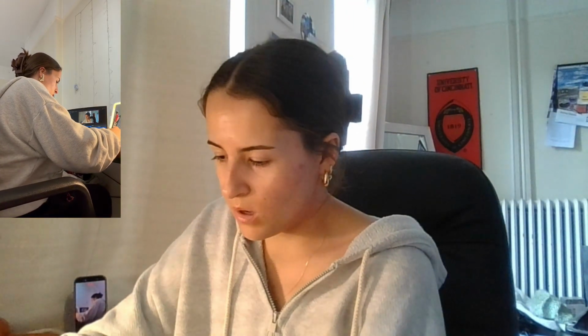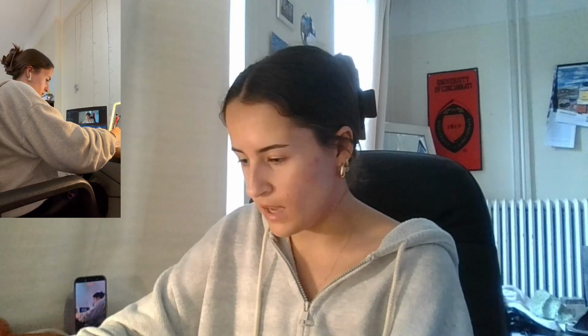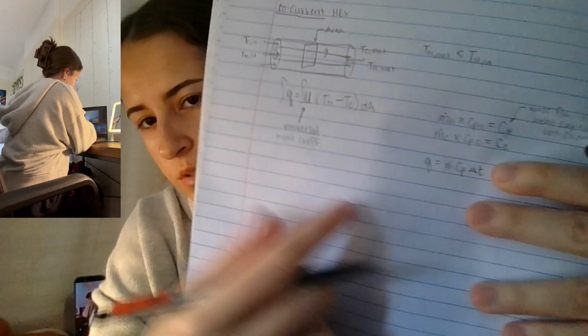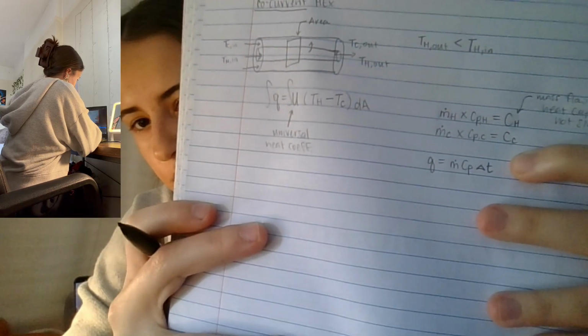And then we can recall the equation from general chemistry where we said that heat, or Q, is equal to the mass flow rate times heat capacity times a change in temperature. This one right here should look pretty familiar to you because that is a fundamental relationship in chemistry.